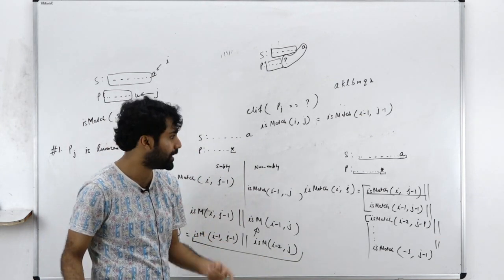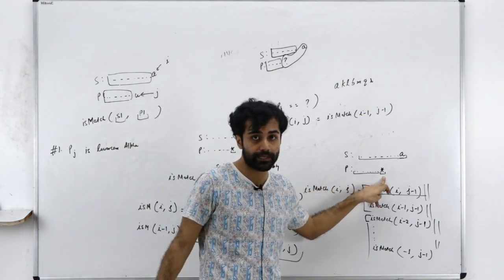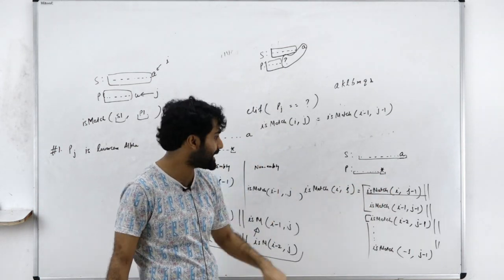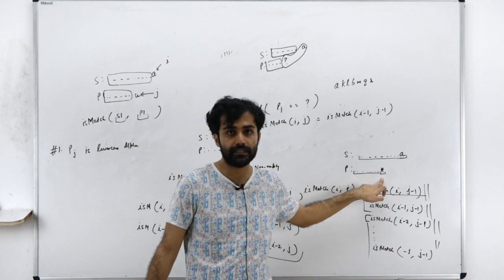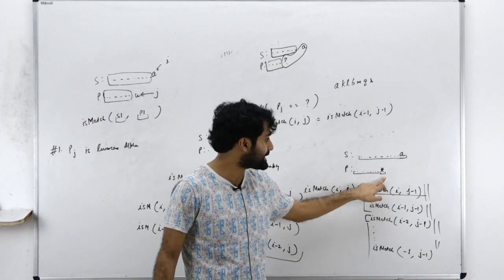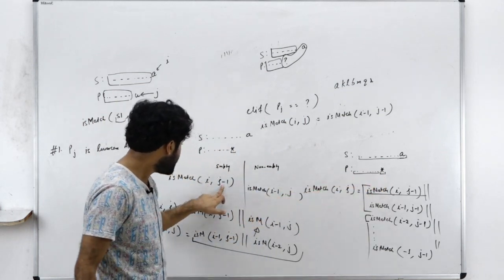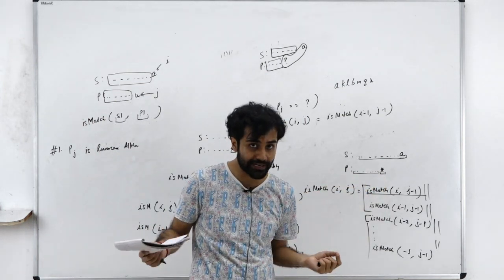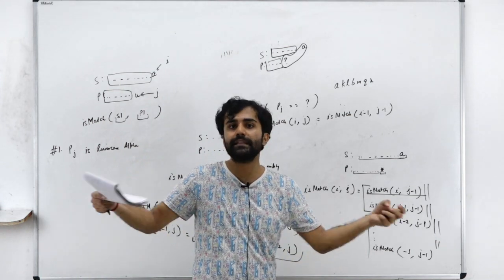So what is the rule? Whenever I see that there is a star over here, what are the things that I can do? First thing I can do is consider its contribution as empty. The moment I consider its contribution as empty, I'll just move my j and keep i as it is. If I consider its contribution as non-empty, then non-empty means many different things.